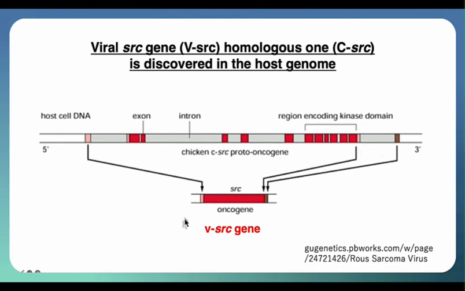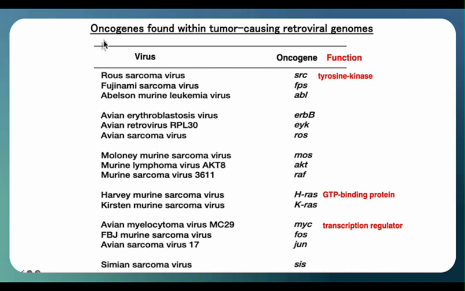In contrast, the viral src gene, termed v-src, lacks introns as it represents the spliced form of the gene after intron removal. Currently, to distinguish these two forms, the viral gene is referred to as v-src, while the cellular gene is called c-src. Subsequently, similar studies continued, and many oncogenes were discovered in retroviruses.